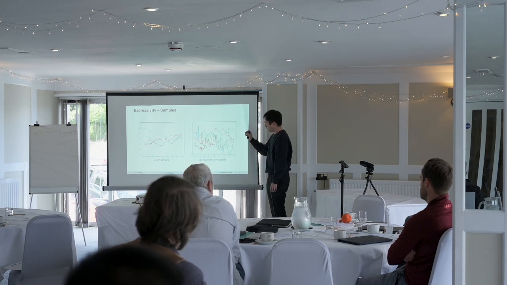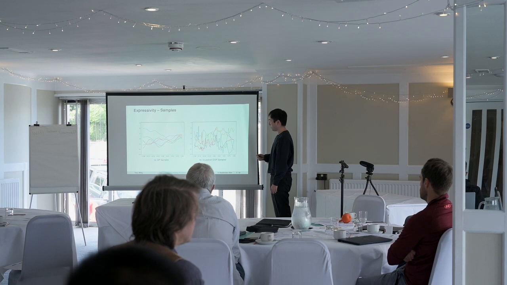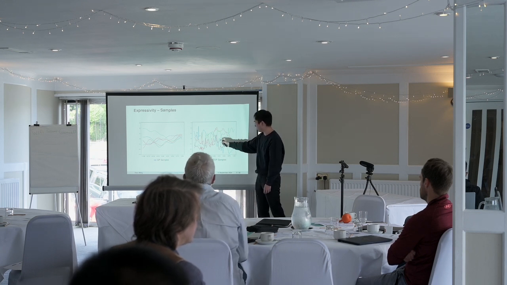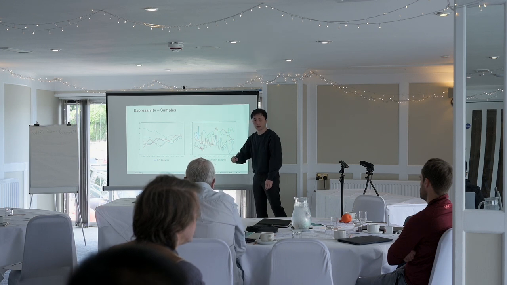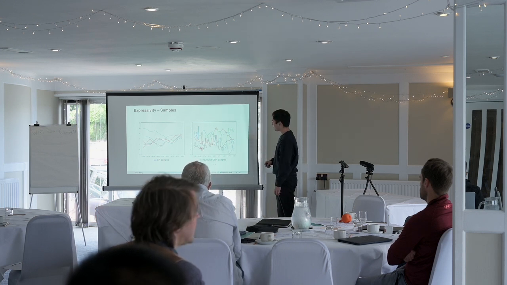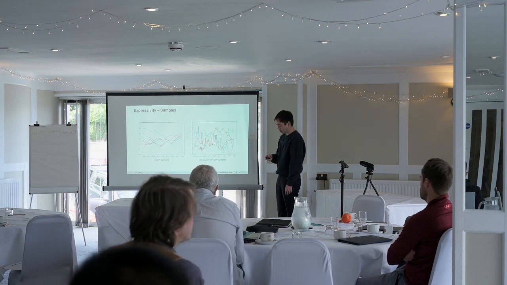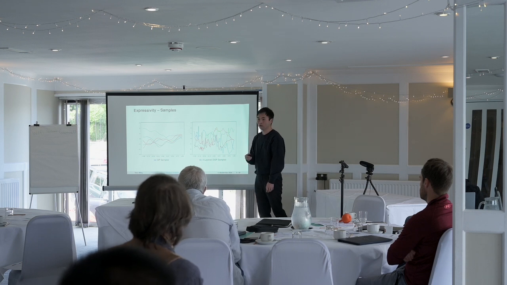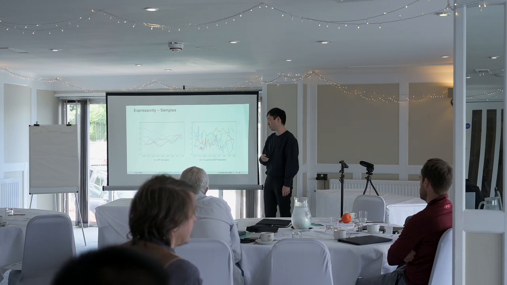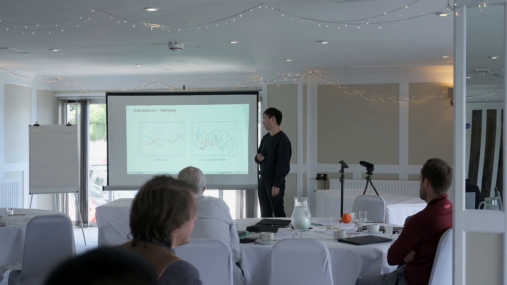While with multiple layers, you are able to simulate some local variations like here and here, and they have these very long stationary behaviors. So that's the reason why we want to use a deep Gaussian process: they're able to mimic some of the complex behaviors of the computational model.